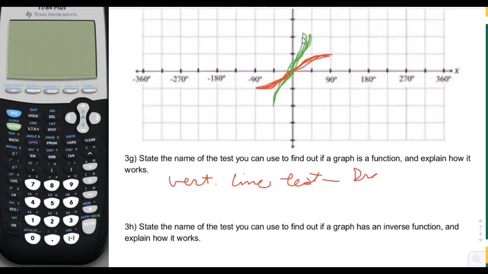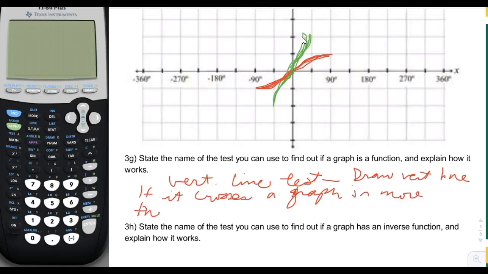You draw a vertical line, and if it crosses a function or a graph in more than one place, then the graph is not a function.